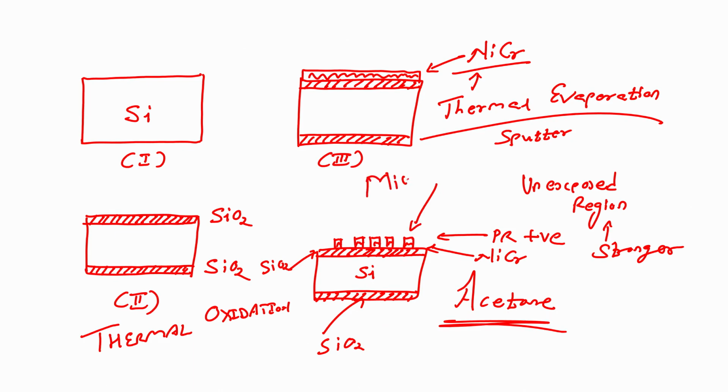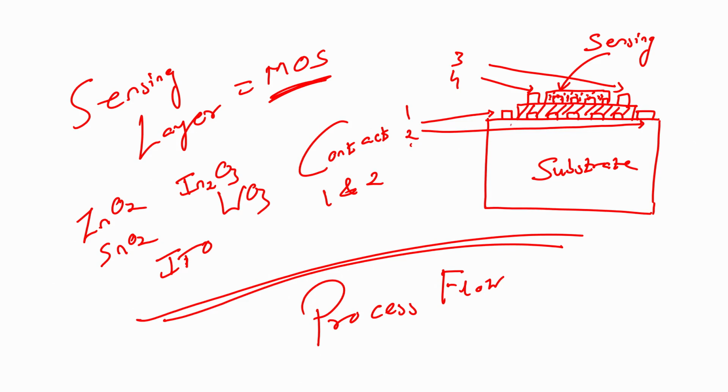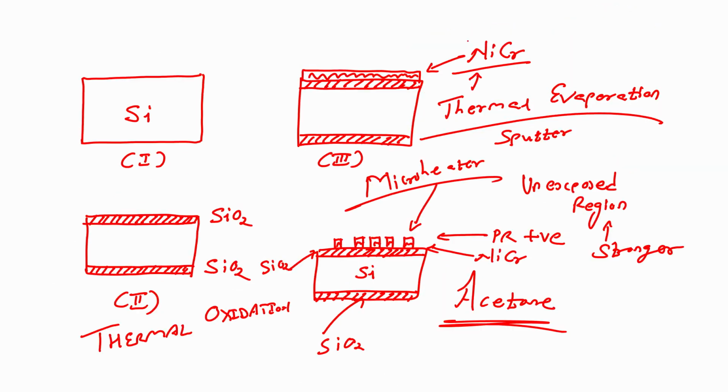But what do I want? I want a substrate with micro heater, with heater contacts 1 and 2, and a sensing layer and electrodes. So, once I have a substrate with micro heater, let me draw it here.